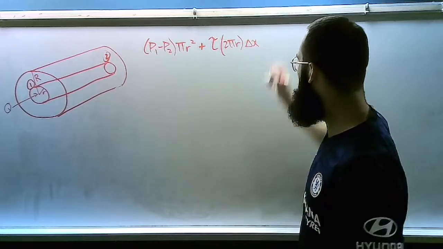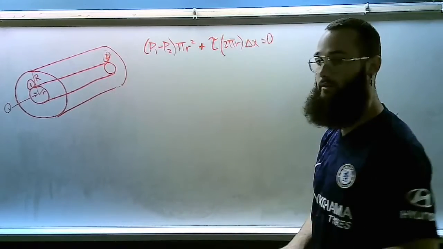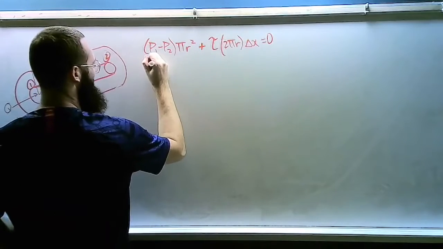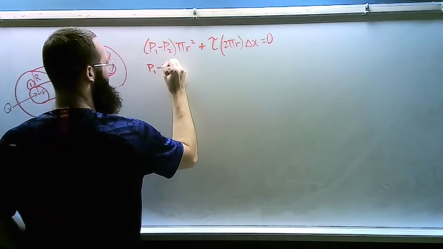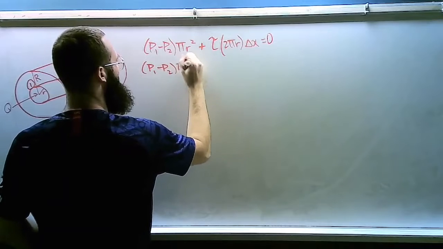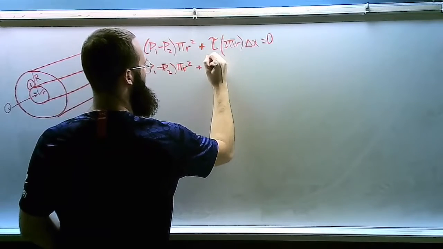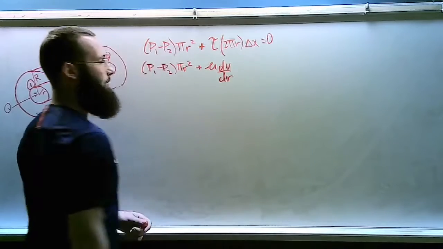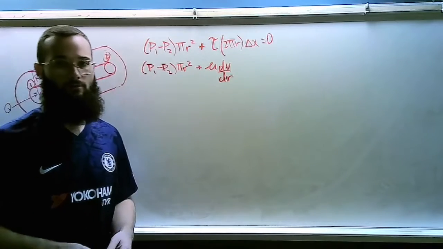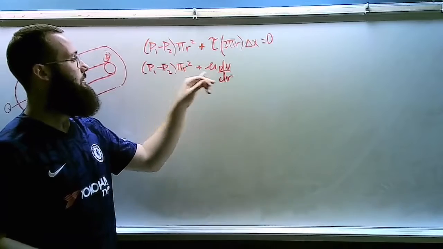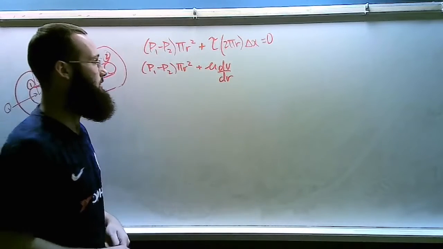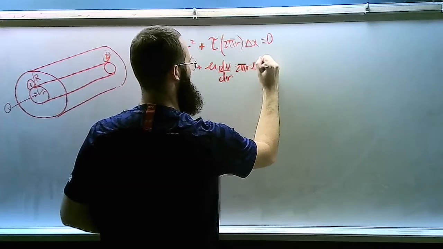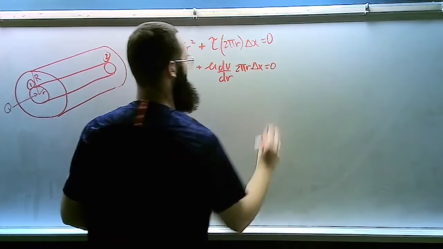So now that we have this, and we know that it's equal to 0, we can sub in for shear stress, we'll sub in mu dV over dr. And that's true for all Newtonian fluids. The shear stress is equal to the viscosity times dV dr. Then we have 2 pi r delta x equals 0.